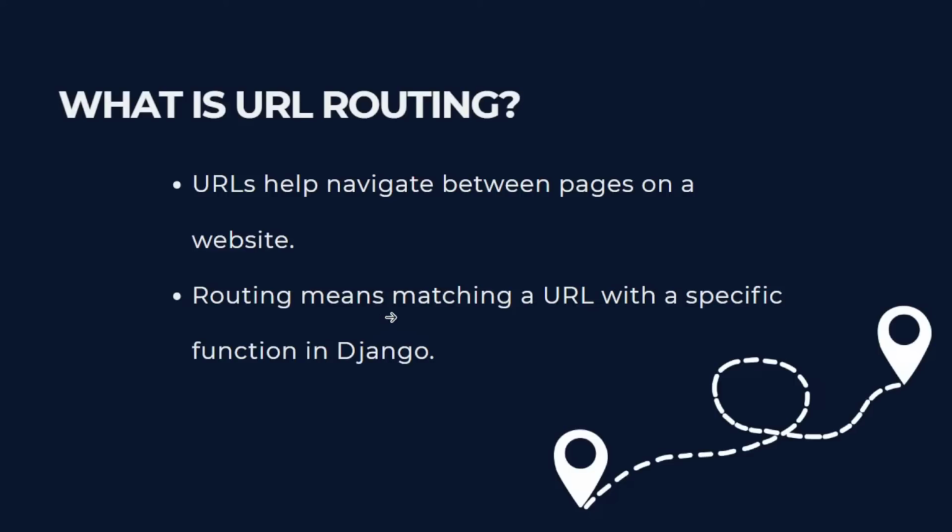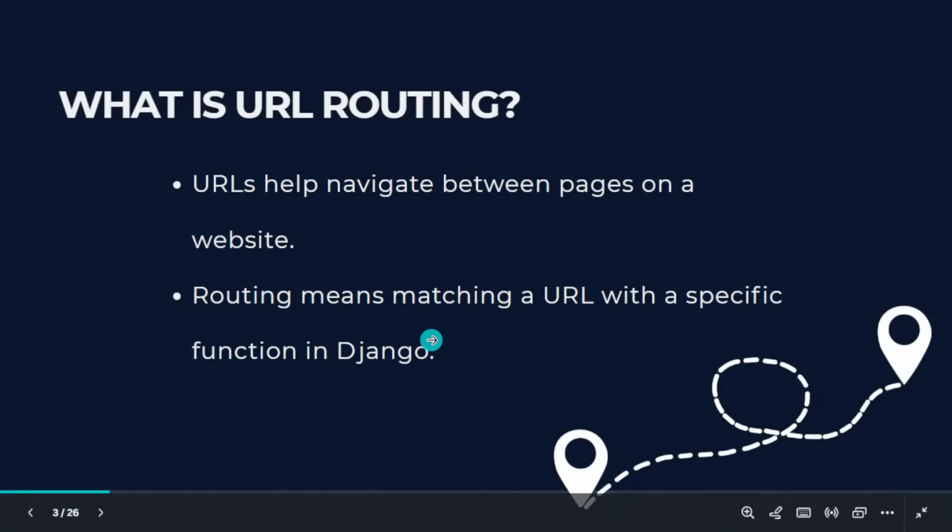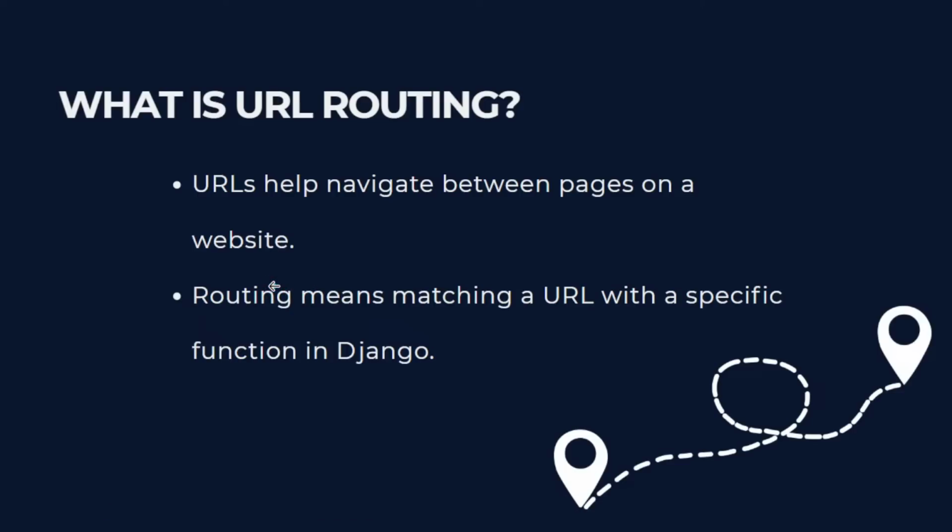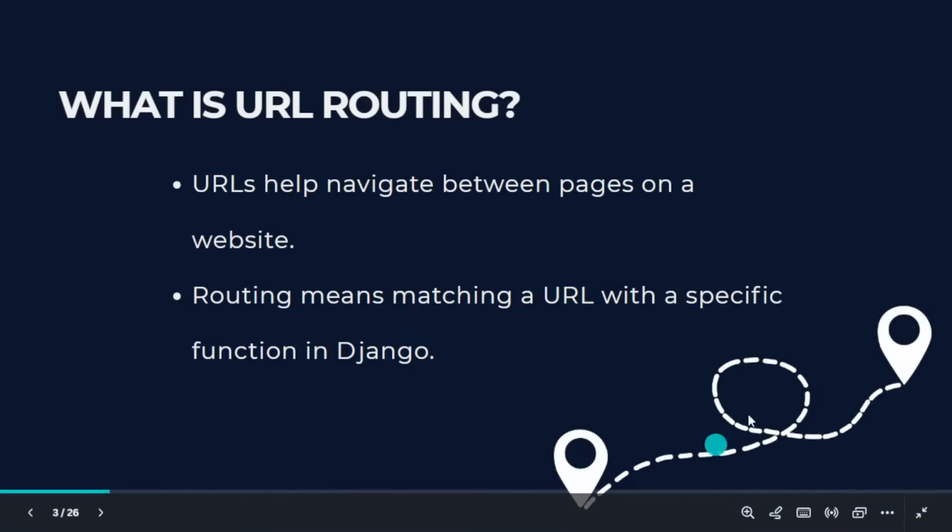Routing means matching a URL with a specific function in Django. Basically, routing is nothing but going from one place to another place. That is the meaning of routing. It will get us from one place to another place.